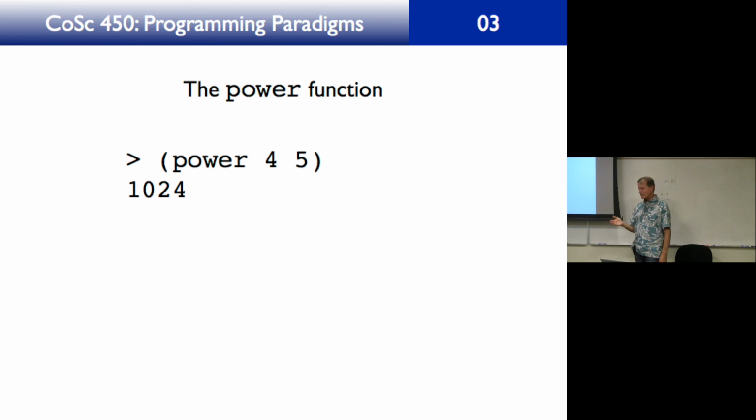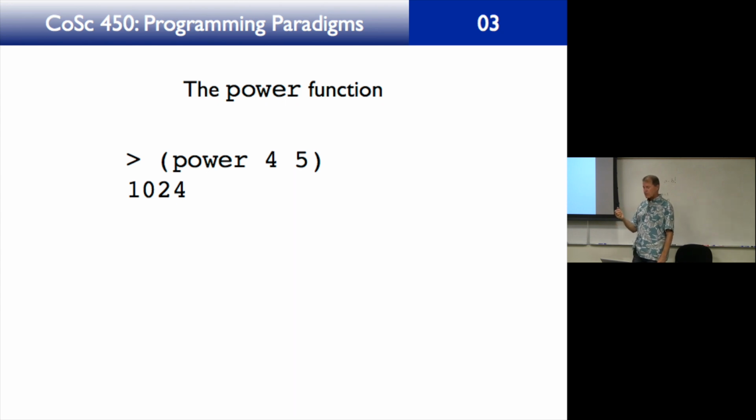Yeah, exactly. Because 4 to the 5th power is 4 times 4 is 16 times 16. Wait, how does that work? Oh, wait, it's 2, 4, 8, 16. Oh, no, that was powers of 2.